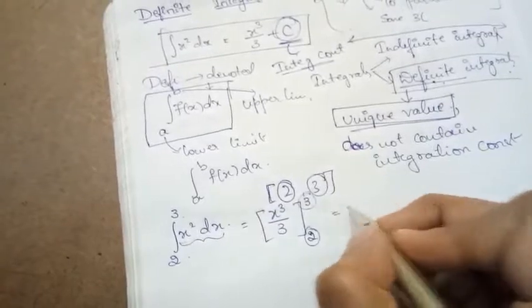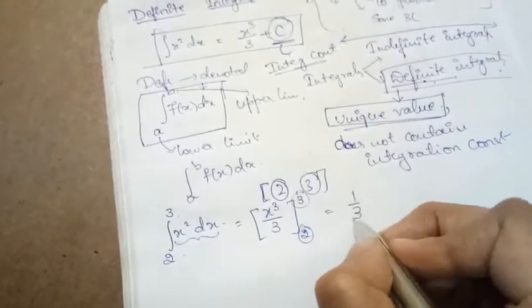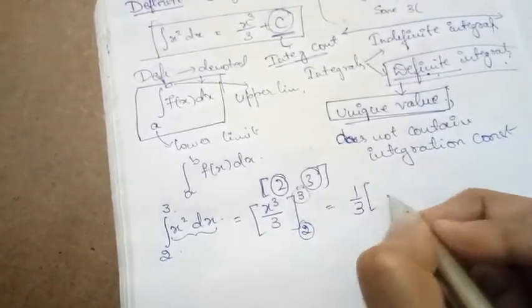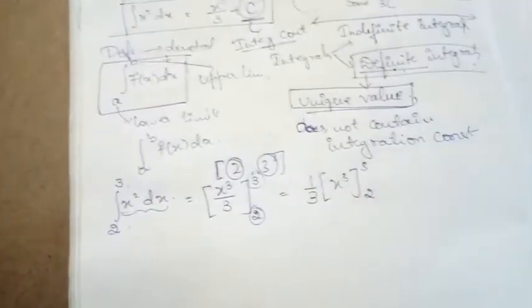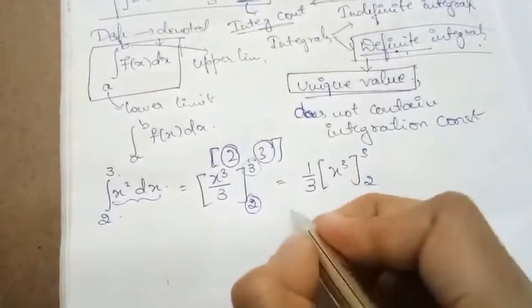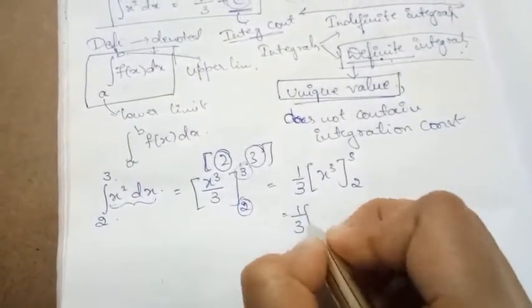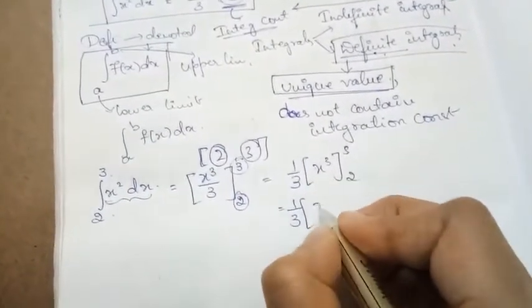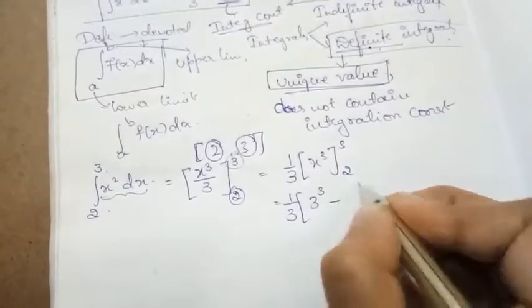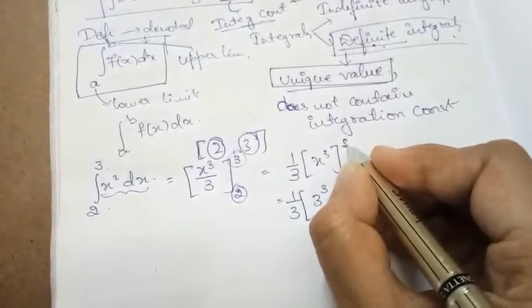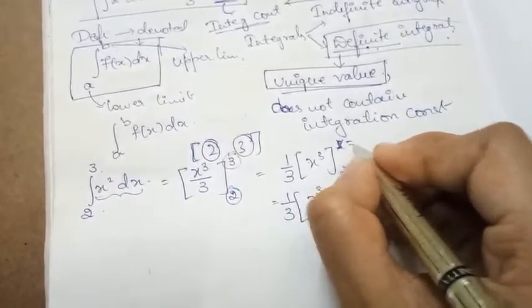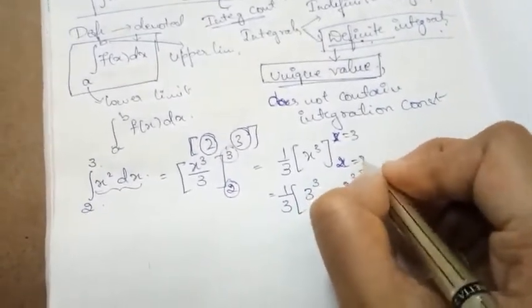Keeping the constant 1 by 3 outside, x cube from 2 to 3. Now, upper limit minus lower limit. The upper limit is 3, so 3 cube, minus the lower limit value. We substitute x equal to 3 and x equal to 2.